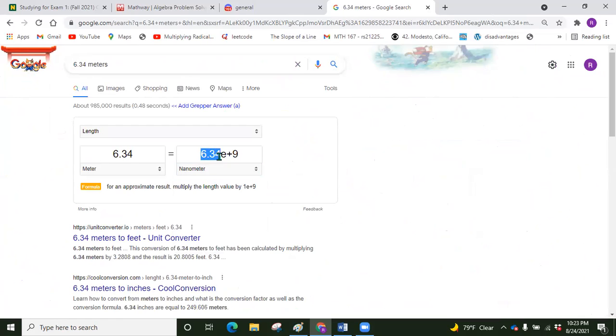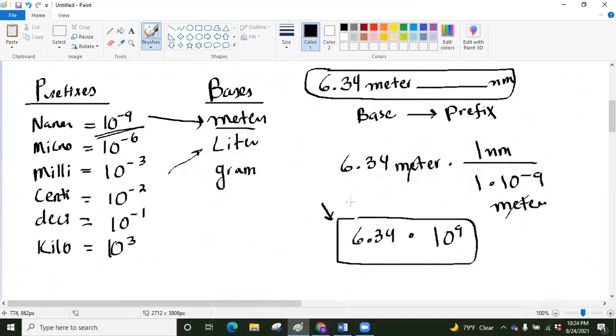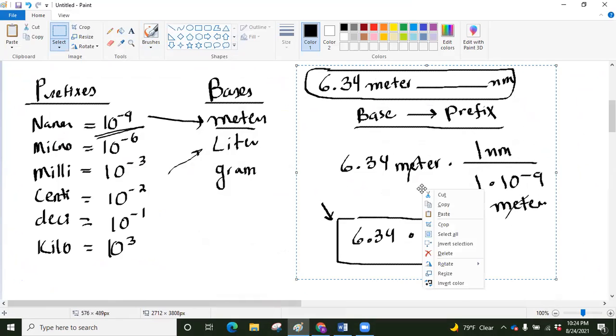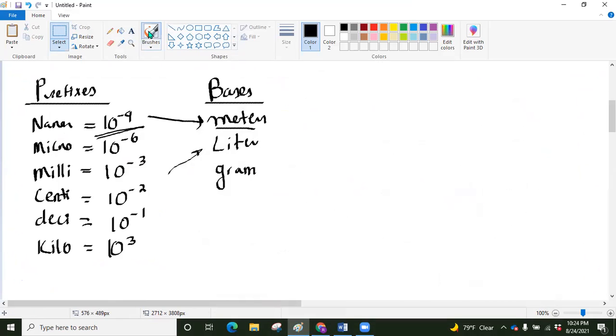It says 6.34, and then this E means 10 to the power positive 9. And that's actually what we had, right? So this is a base to prefix conversion. We make a conversion that way, and that should get you through all base to prefix conversions.